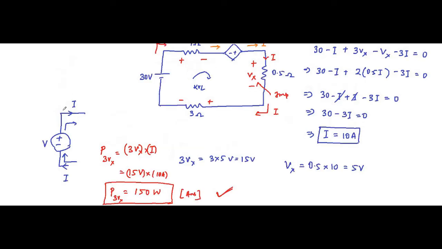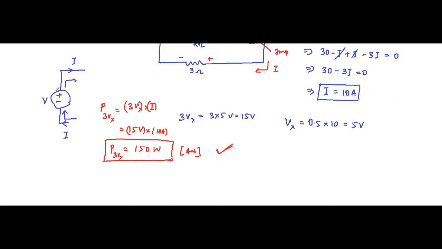Here also, this basic understanding of when an element is supplying power and when it is absorbing power is important. So this is supplying power when current flows in this way. When current is flowing into the positive terminal and away from the negative terminal, in that case it is absorbing power.